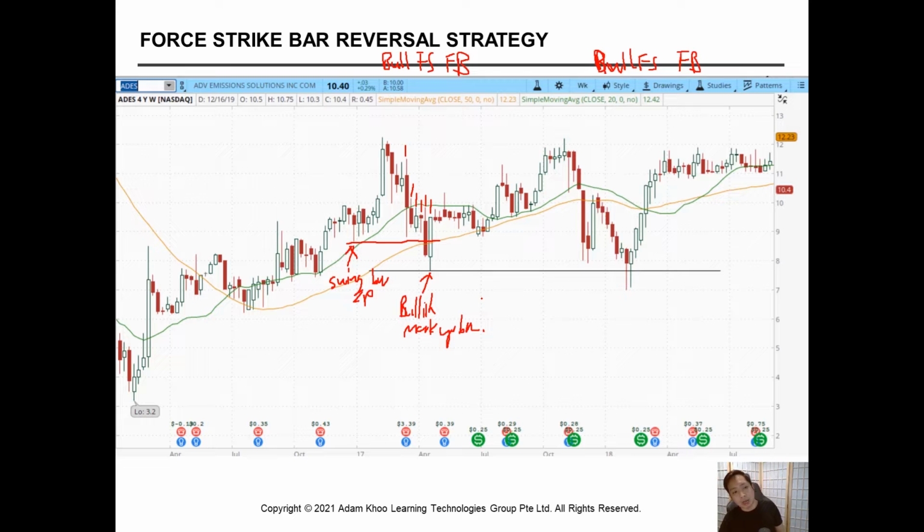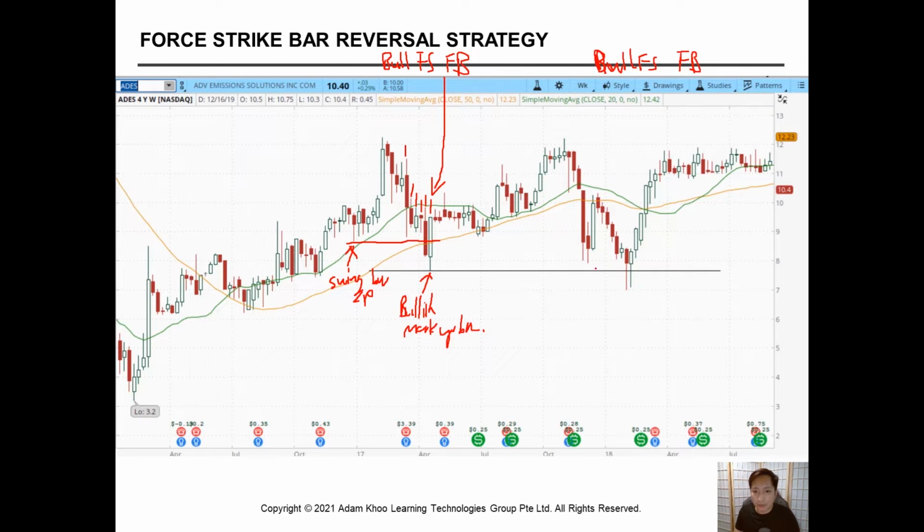Like I mentioned, our guideline is 5. I think 6 is still okay, but you are stretching it already. If I have an example that is less than 5 bars, I will choose the 5 bar one. If I don't have any more setups, and I only have this 6 bar one, then I will consider this. But don't go beyond the 6 bar guideline. So this is a valid bullish FS false bottom scenario.